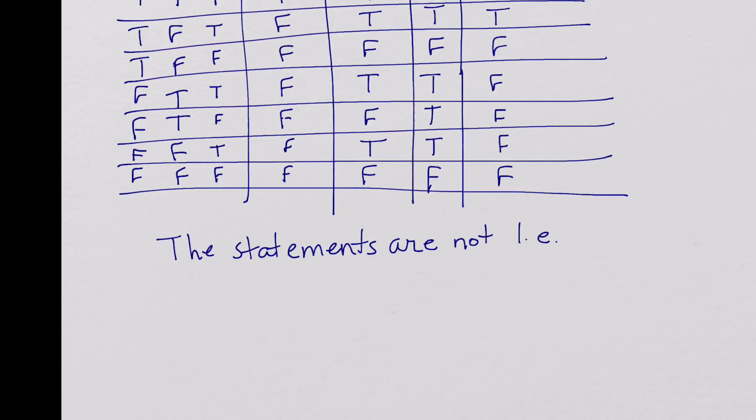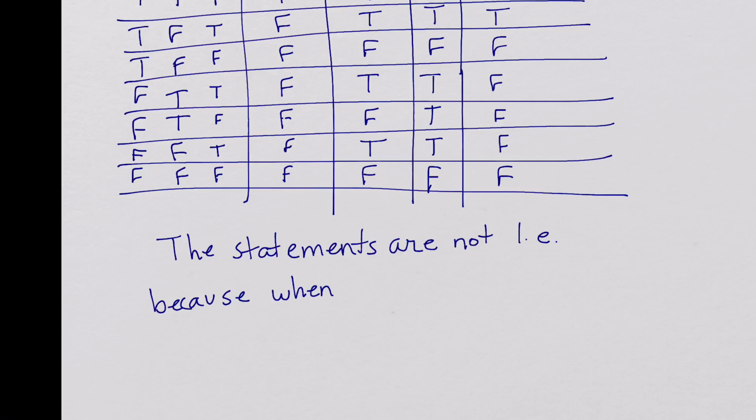I'll just abbreviate there. Because when, let's see, that was row 5, sorry, I'm moving this around a little bit.